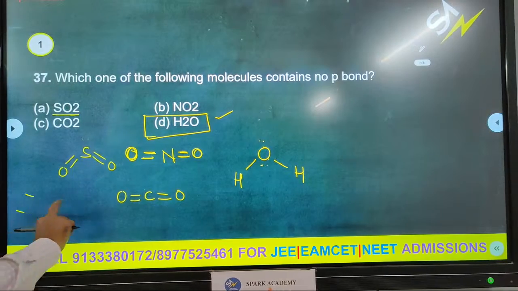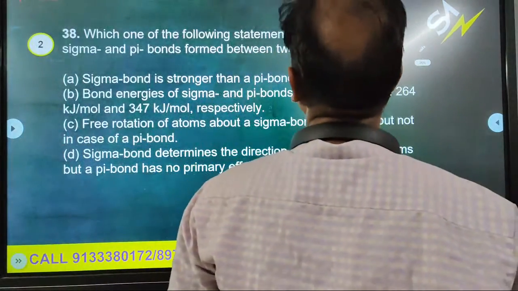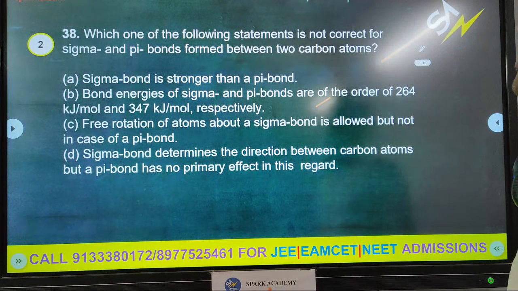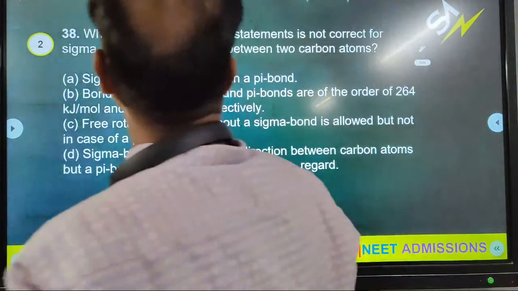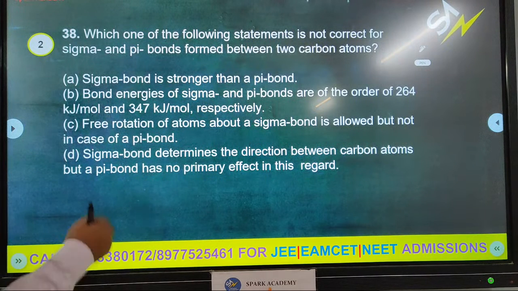Clear? Now next question. Which one of the following statements is not correct for sigma and pi bonds formed between 2 carbon atoms? Sigma bond is stronger than pi bond, correct.